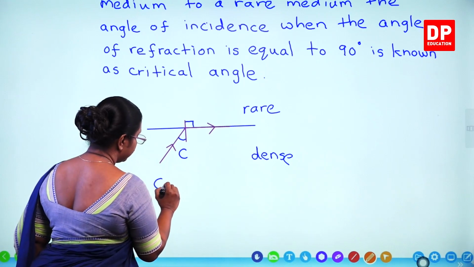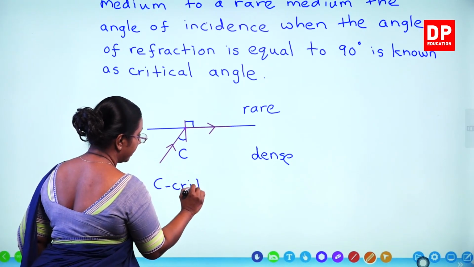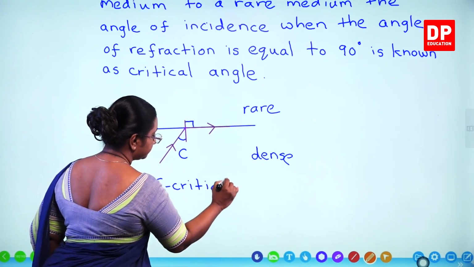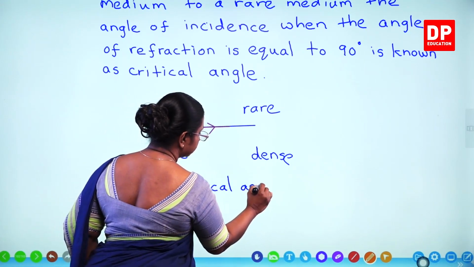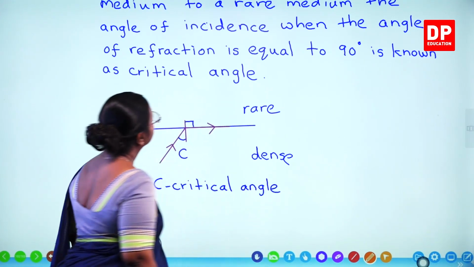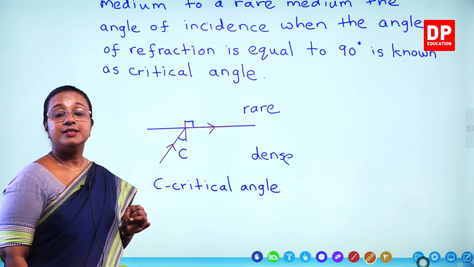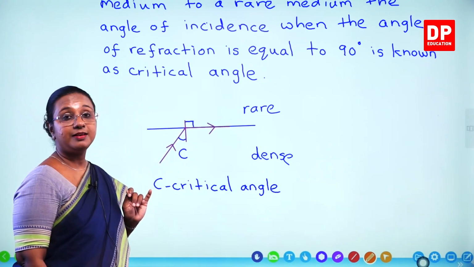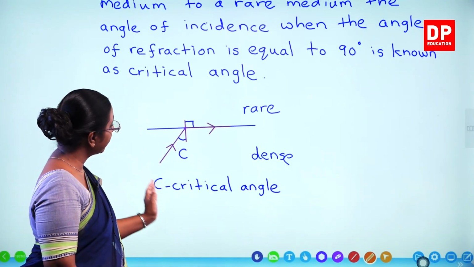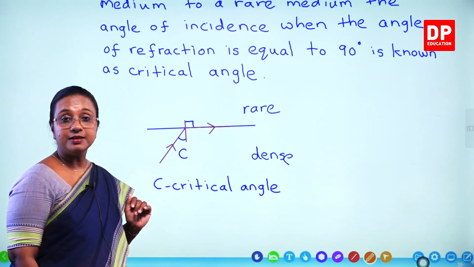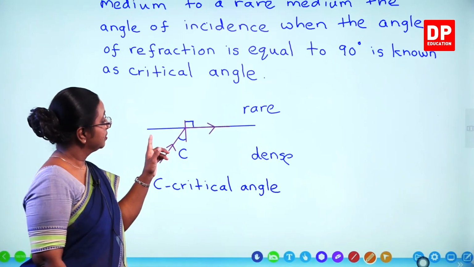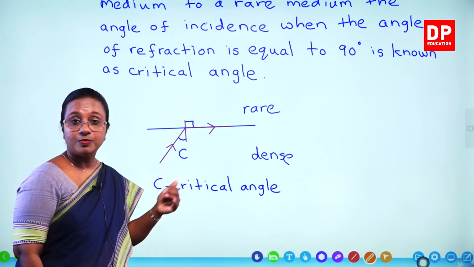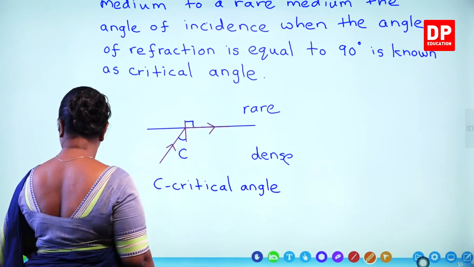C is the critical angle. So that is the answer for this question. We explain what critical angle is and we have shown it using a ray diagram. So with that, I will move on to the next one.